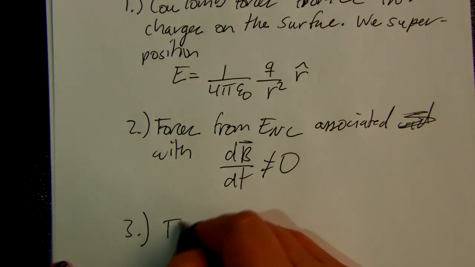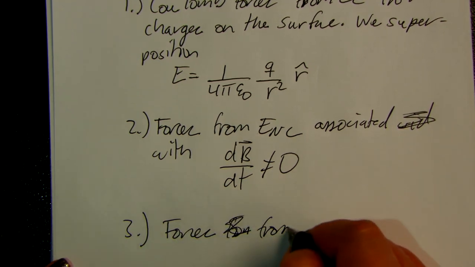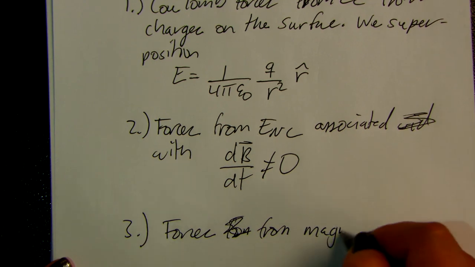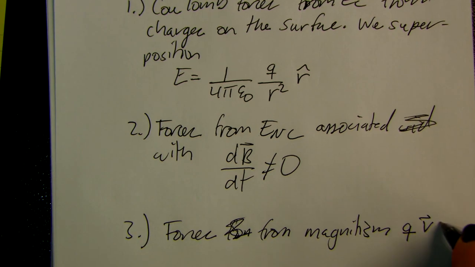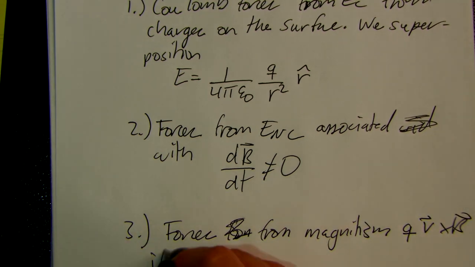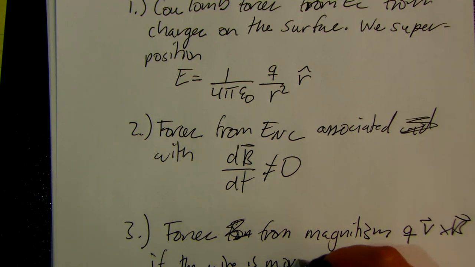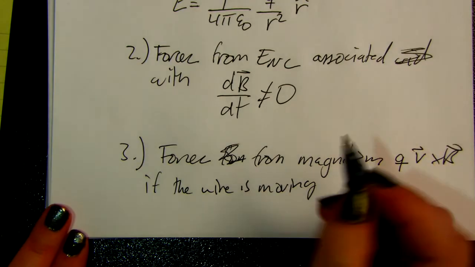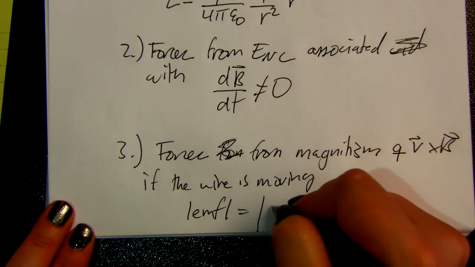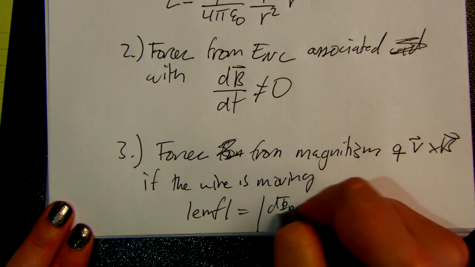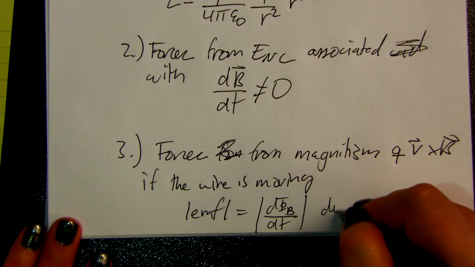And you can have forces from magnetism, qv cross B, if the wire is moving, due to a change in path.